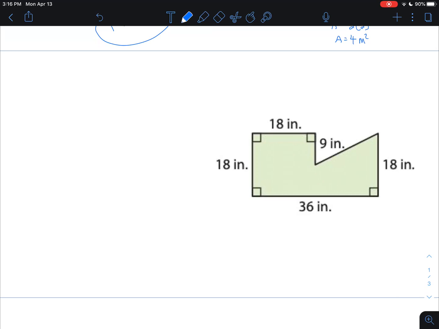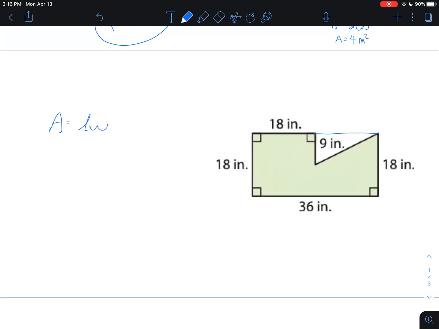So I'm going to show you one more example. So here I have another crazy compound polygon. If you want, you can just split it right here, and you could have a rectangle and a trapezoid, and that's fine. Go for it if that's the way you like. But in case you want to do it the other way, I could fill this in just like I did before, and I have a rectangle again.